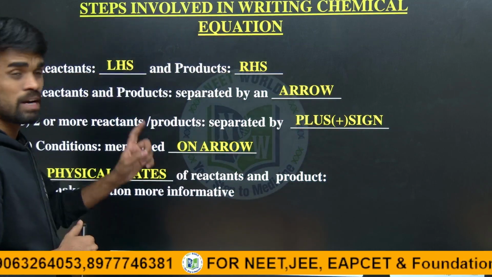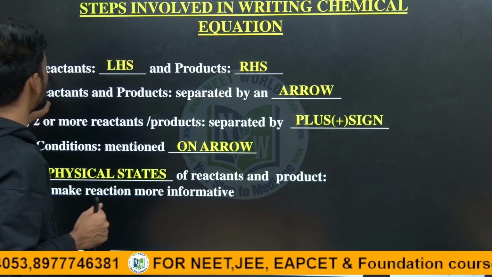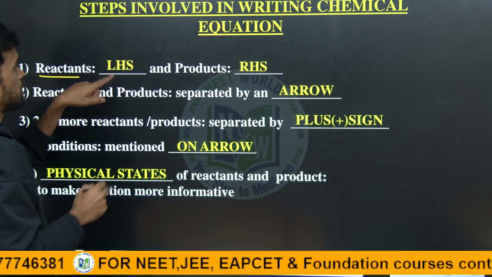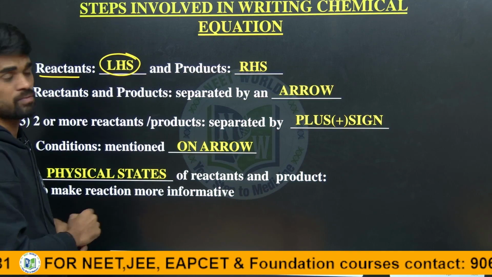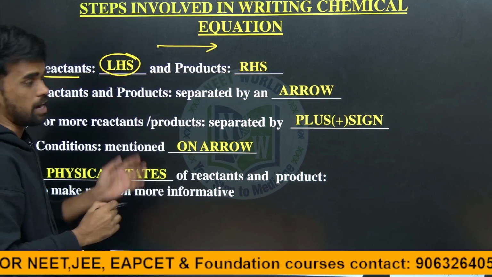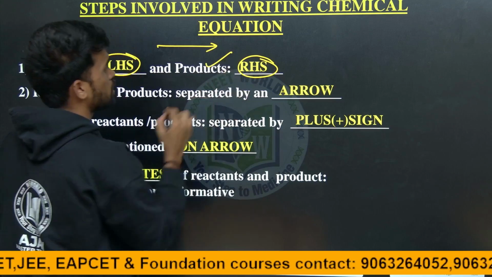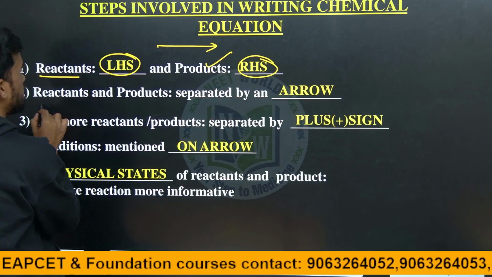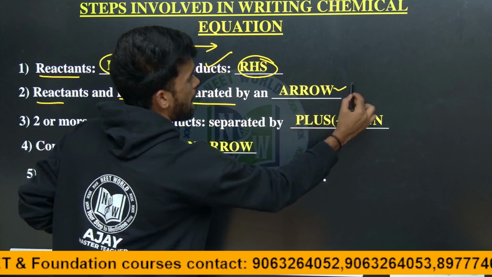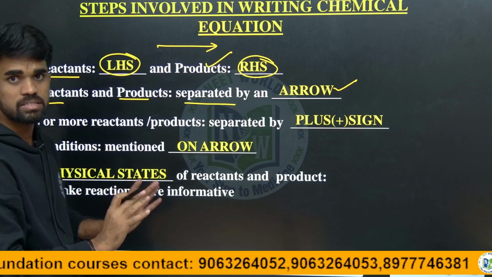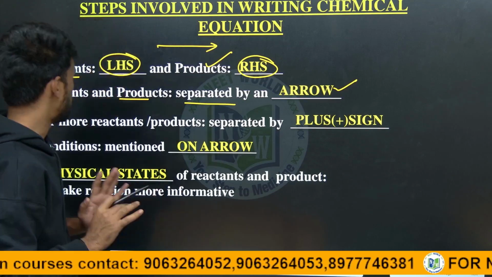So what are the things we have seen here? First, reactants are presented on the left hand side of the arrow mark, and on the right hand side we will have products. Next, reactants and products are separated by an arrow mark. These are basic things that you should understand with full clarity.